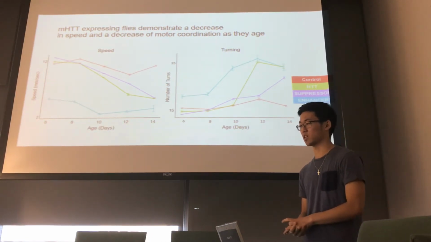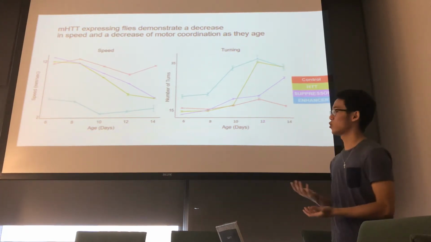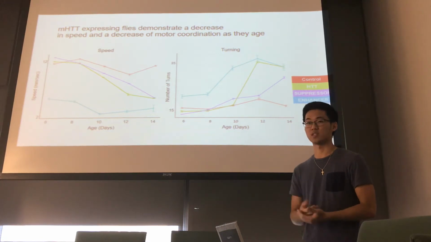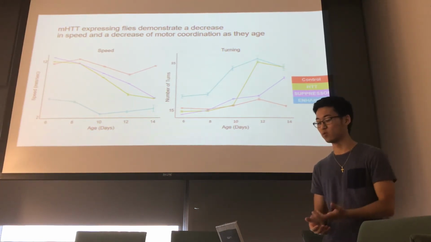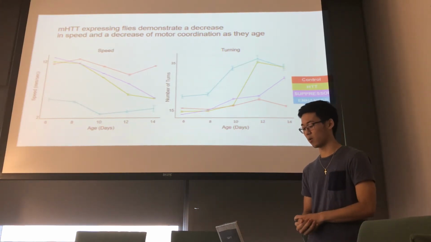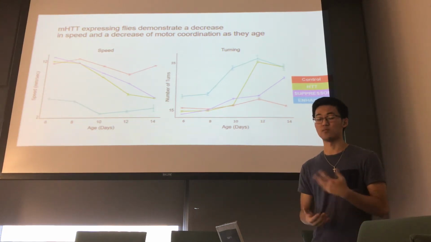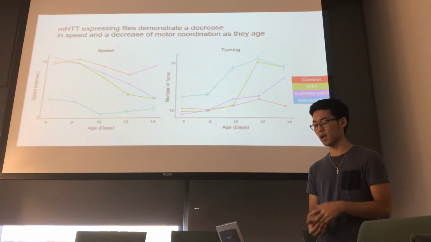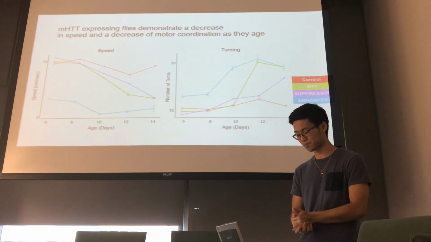One of the parameters that is tested, for example, is speed. As the graph shows, the control flies, which don't express the mutant huntingtin, basically move the fastest at the later stages of their life, whereas flies that express the mutant protein have a decrease in their speed as they age.